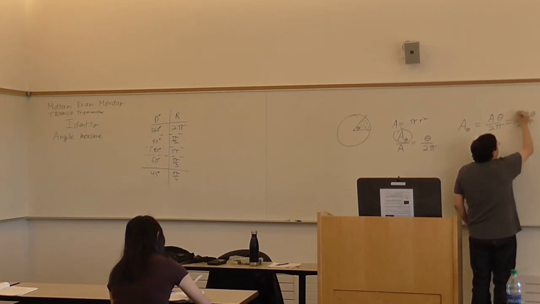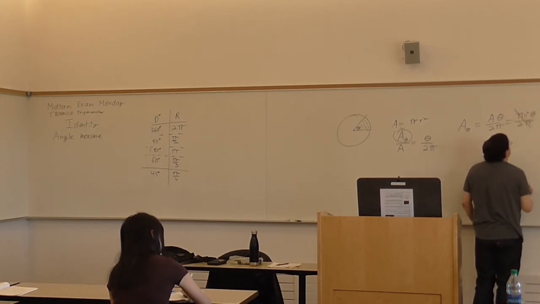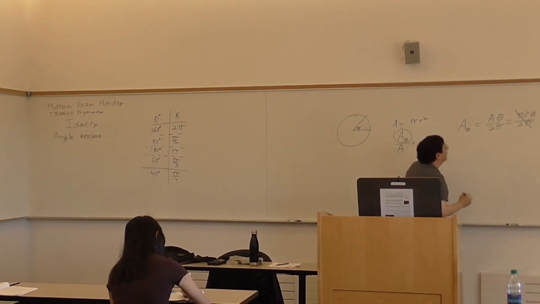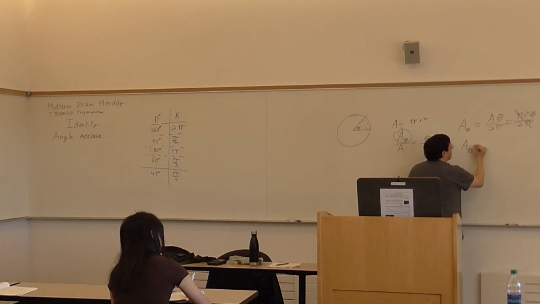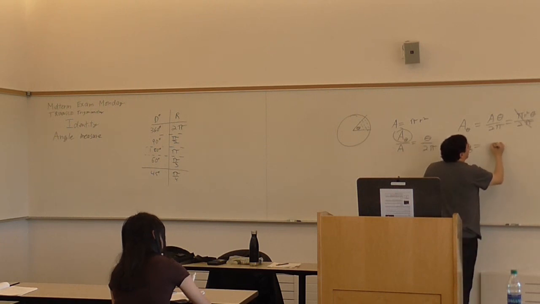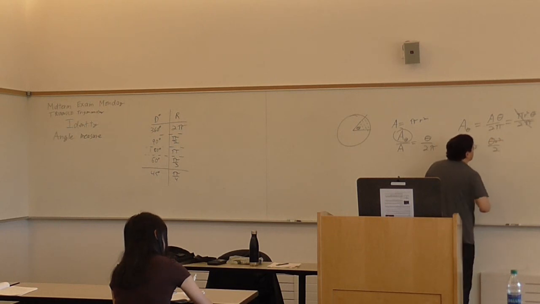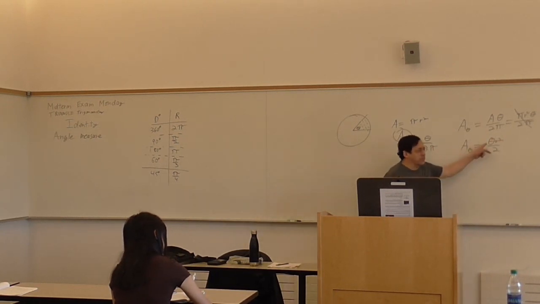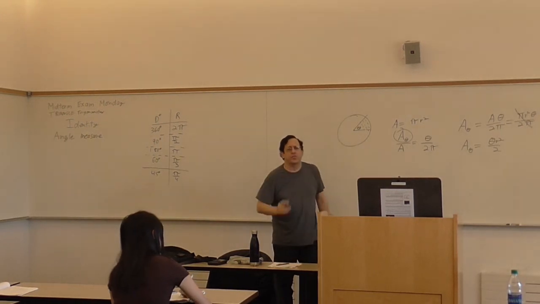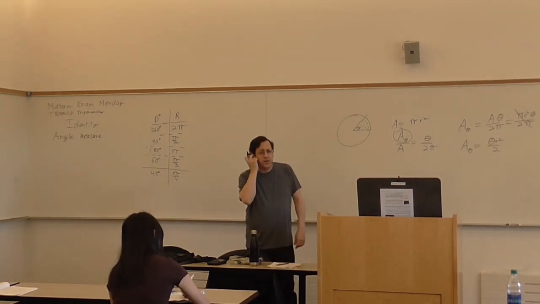Well, we can reduce that. The pi drops out. We have the area of this sector is theta r squared over 2. So now, if I have the radian measure of some angle and the radius, I can find the area of the sector.